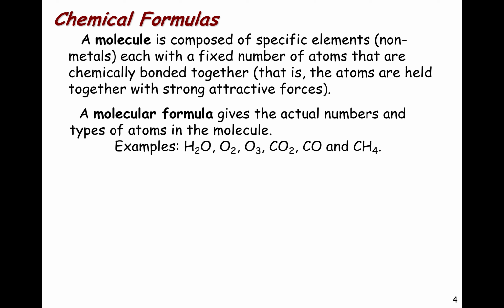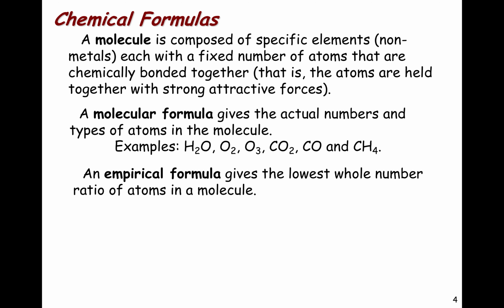Carbon monoxide, 1 carbon, 1 oxygen, and then finally we have methane, which has a unique name because it's an organic compound. We wouldn't typically call this a name like carbon tetrahydride, or that is a possibility, but would be unusual. But methane has 1 carbon and 4 hydrogens.